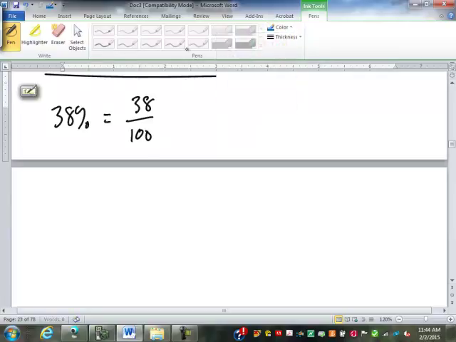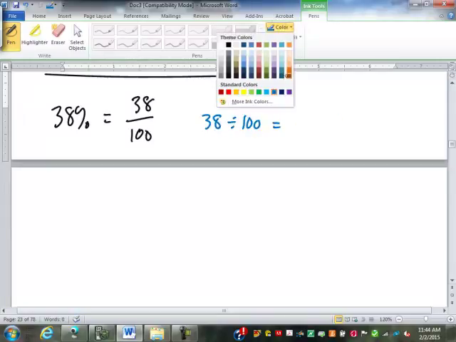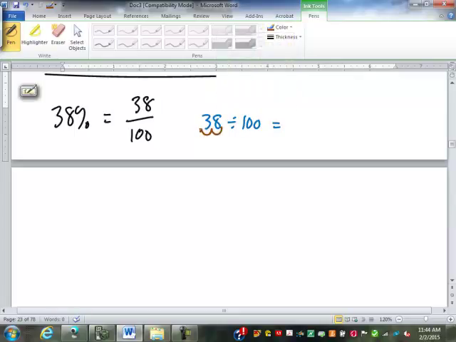Well, to turn that into a decimal, we're just dividing out the fraction. 38 divided by 100. When we divide by 100, all it does is moves the decimal point over 2 spots. So that becomes 0.38.